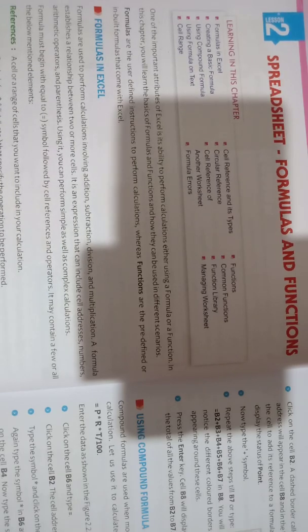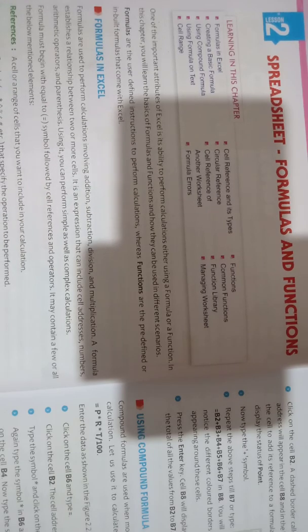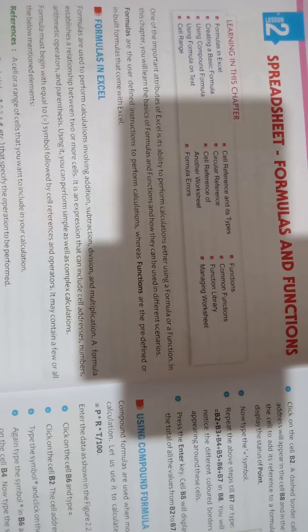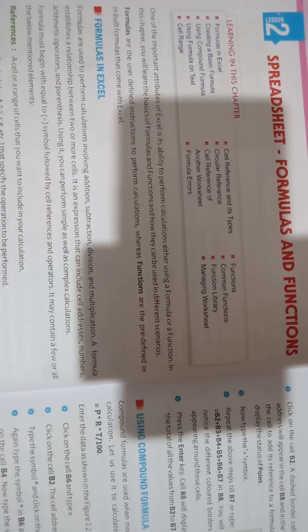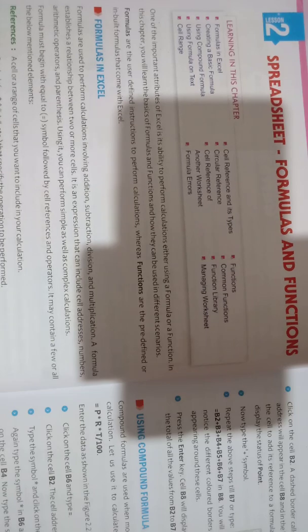After that you see here E3, and between E3 and E5 there is one range, that is called a range, okay, and here equal to is important. So now you see here, this is the full concept of our formula.